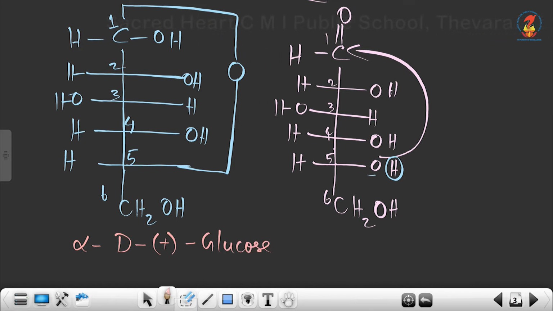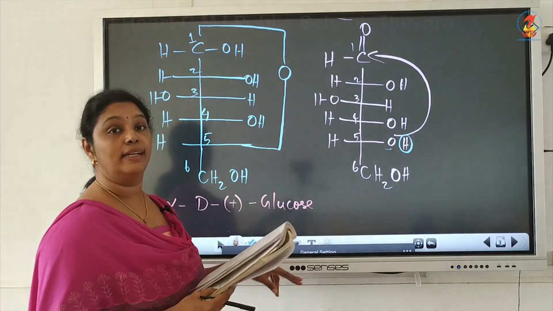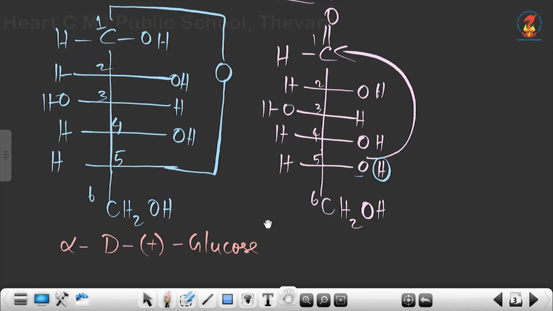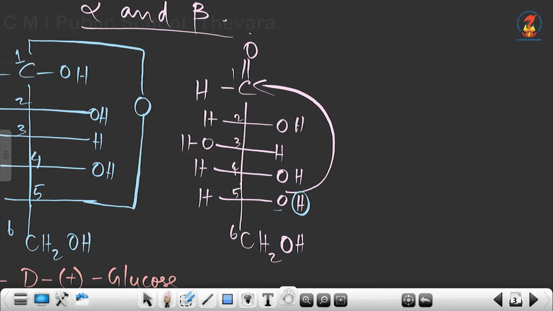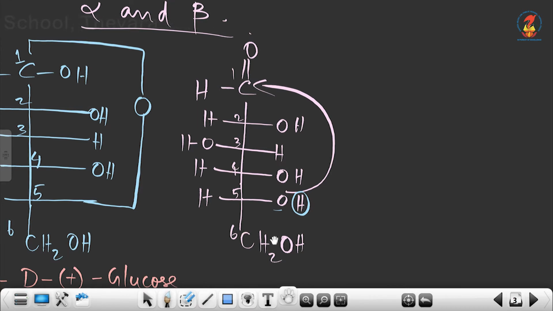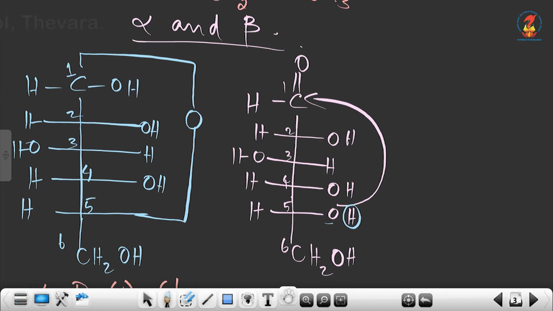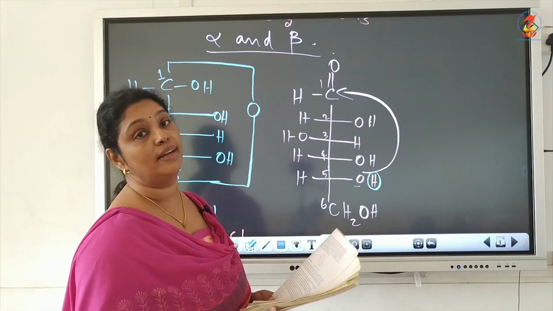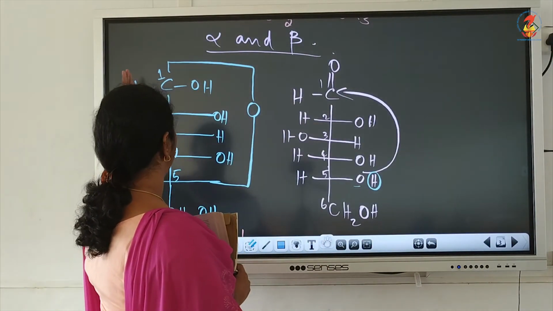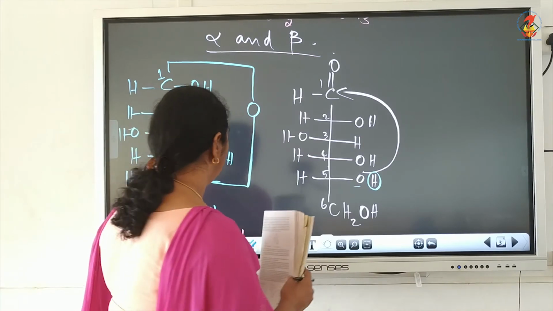And we know that there are two cyclic structures, one is the alpha form and the other is beta glucose. So I am going to draw the structure of beta glucose. Now when I draw the structure of beta glucose, it is the same as the structure of alpha glucose, but the difference is only around the first carbon atom. In beta glucose, on the first carbon, the OH group will be on the left side. The rest all remains the same.